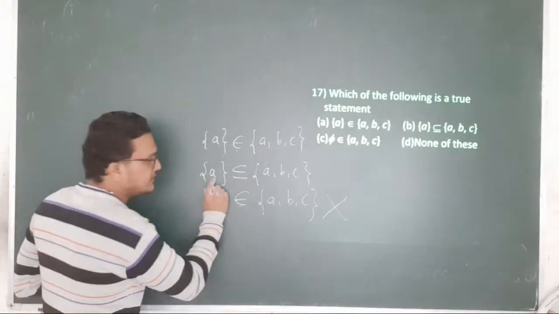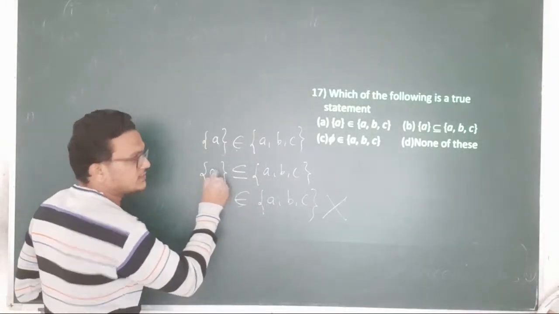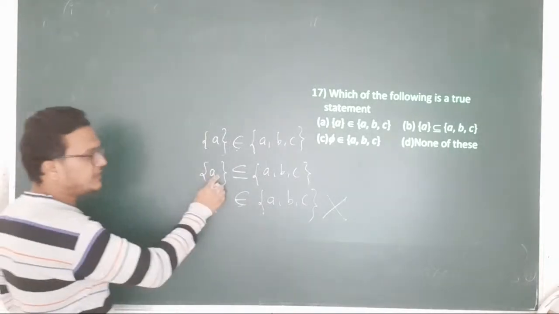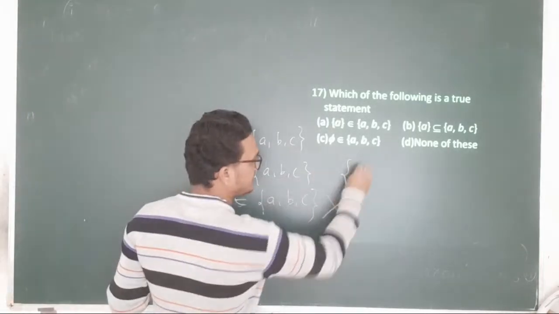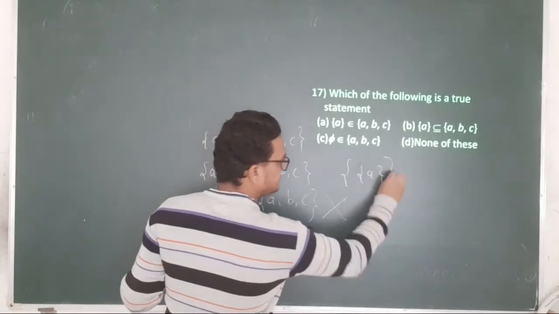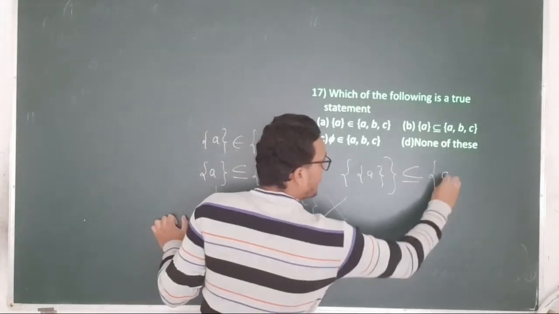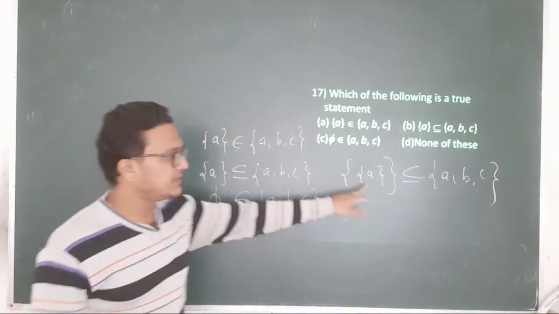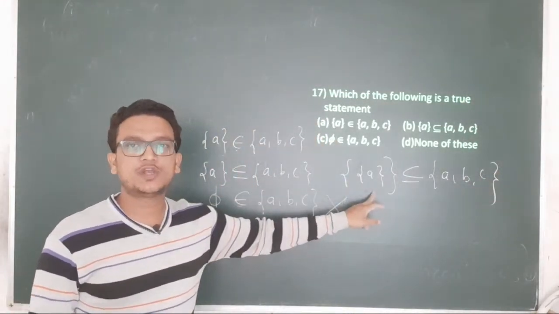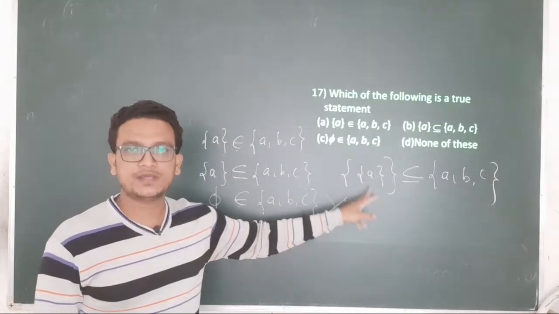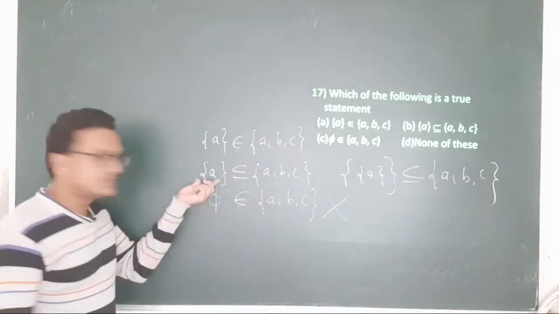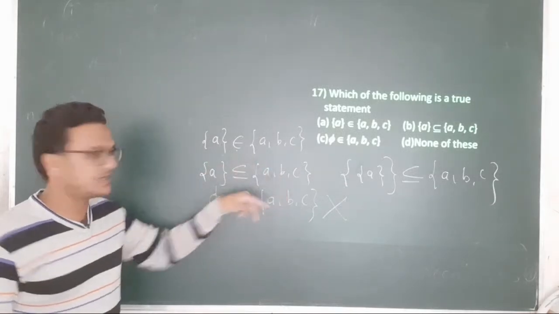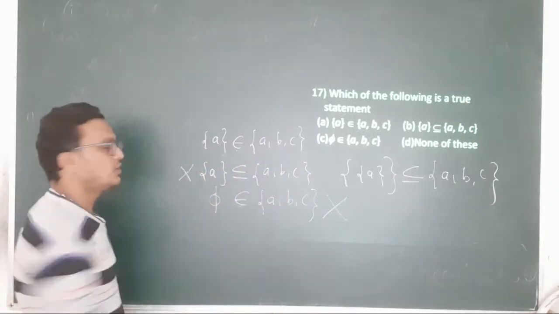If I write it like this, set A, then this is going to be correct. But at present this is a member of that set, not a subset. So therefore, this is also wrong.